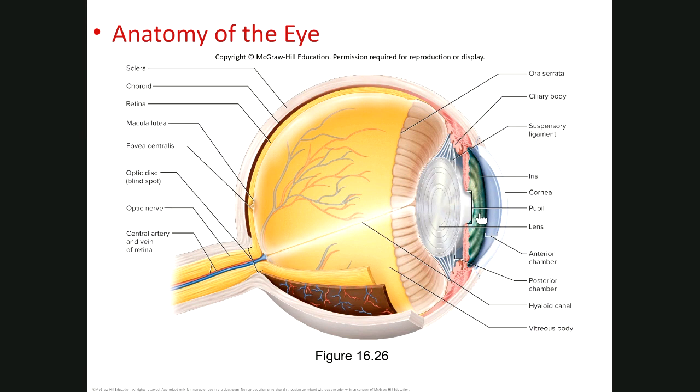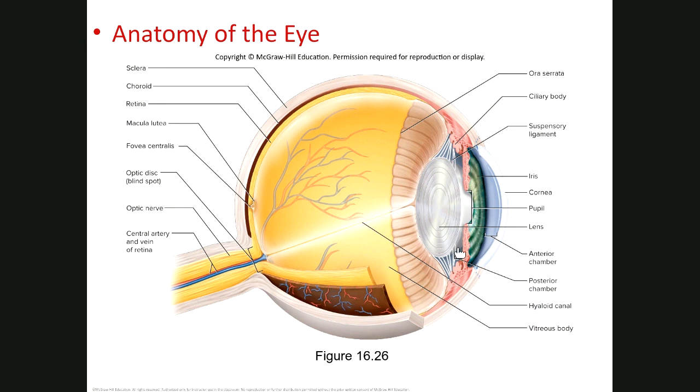Now, this iris serves as a boundary between two chambers. You will have the anterior chamber, and then you'll also have the posterior chamber right behind the iris. So anything in front of the iris is anterior chamber.